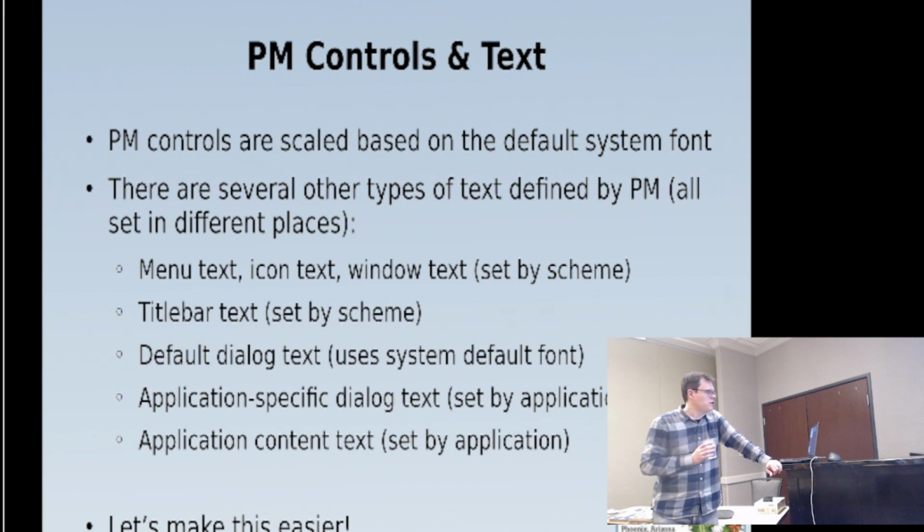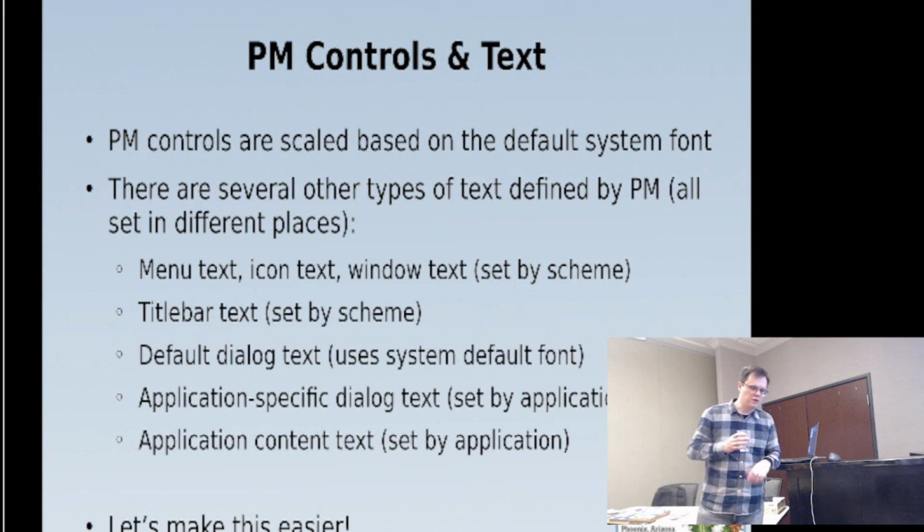The system default font is normally System Proportional, either 10 or 12 point. This is controlled by a system setting, but the OS/2 desktop does not normally expose that setting. There are some old video drivers that exposed it, and some third-party utilities on Hobbes that expose it, but for whatever reason, it's not part of the standard visible settings in the desktop.